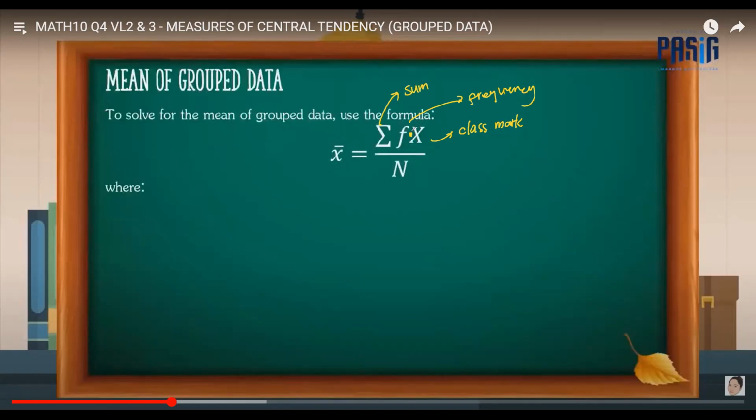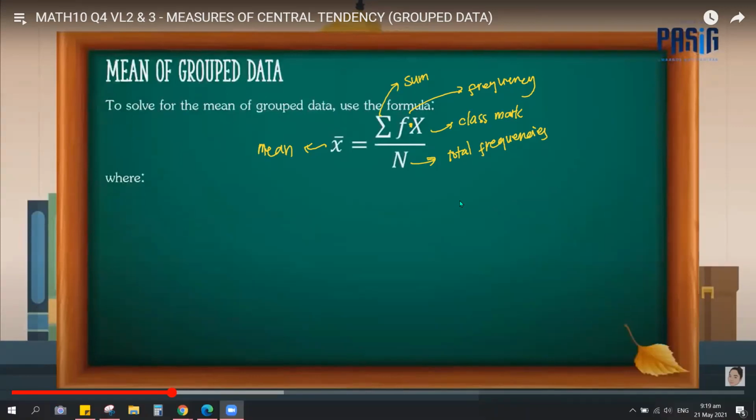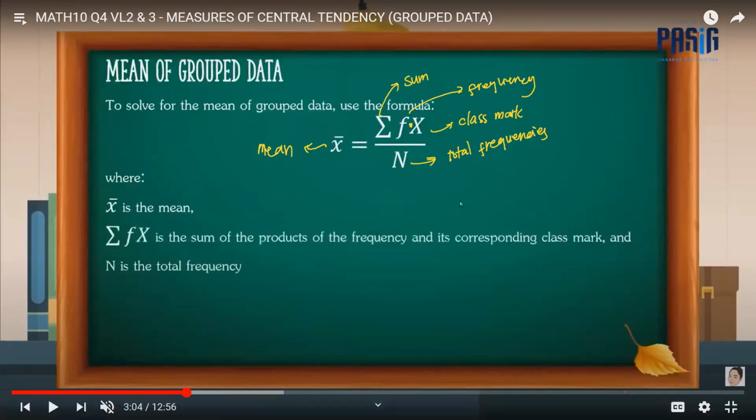I-add natin yung product nila, lahat ng product nila. And then yung n natin, alam nyo na to that this is the total population or total frequencies. And itong symbol natin na to is for mean. Okay? Yan po yung definition ng mga symbols.